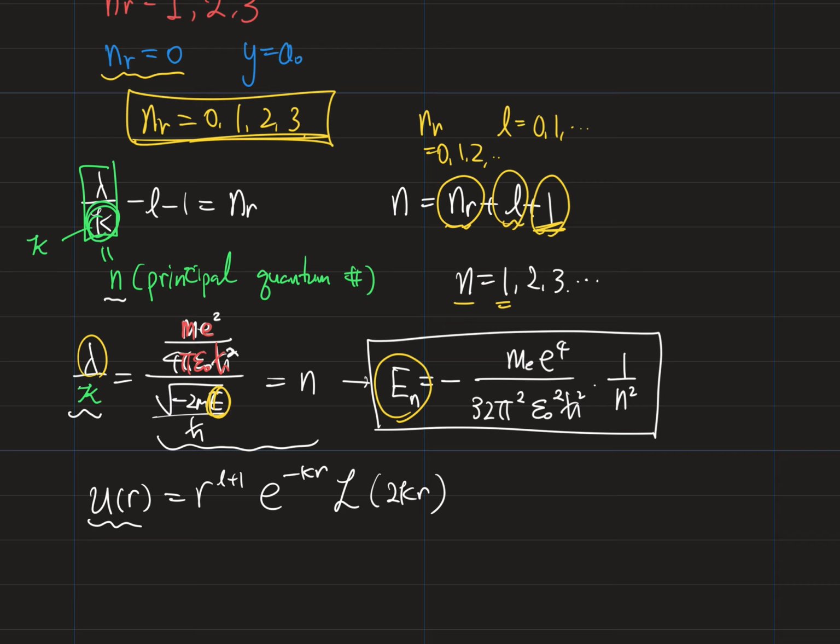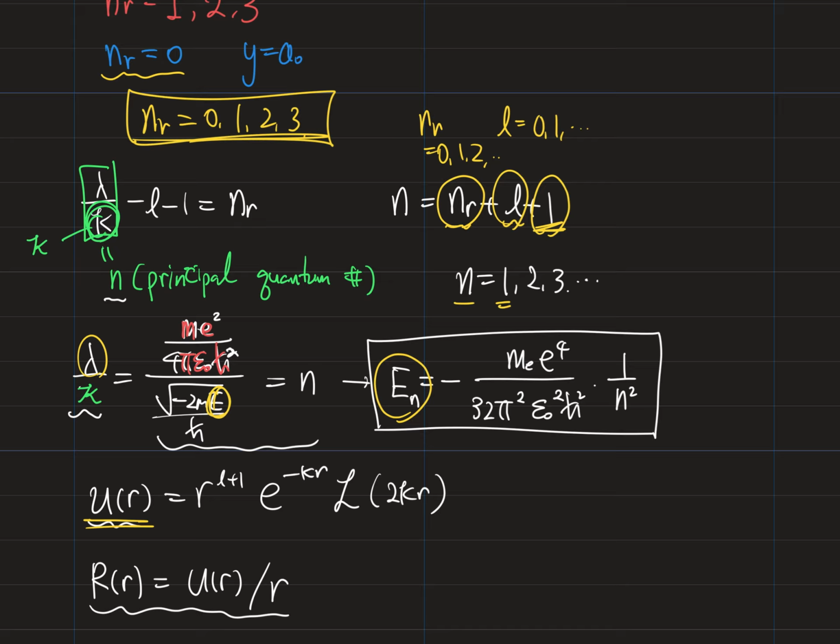But U is not actually the radial part. Radial part, capital R, is actually U(r) divided by r, right? So this is the very first step that we applied to solve this differential equation.